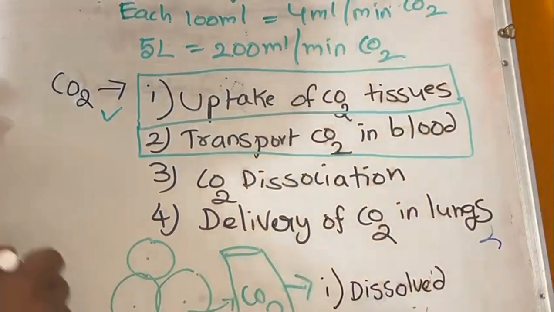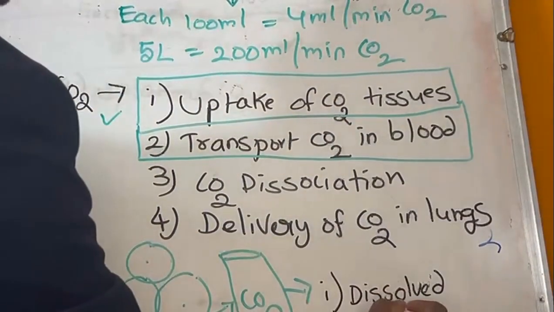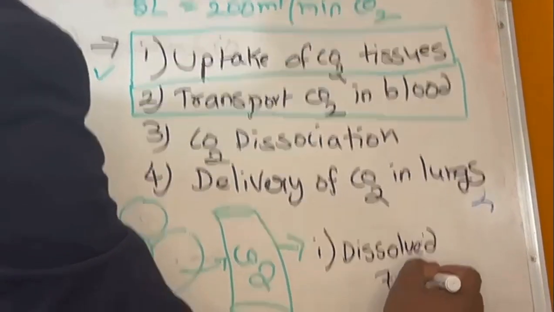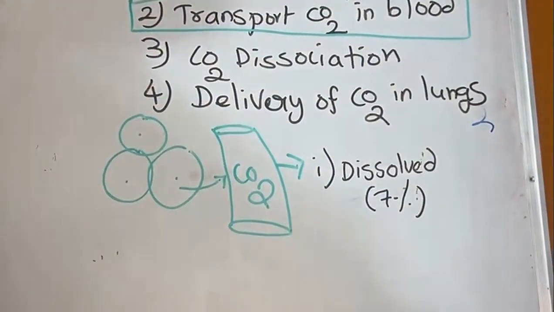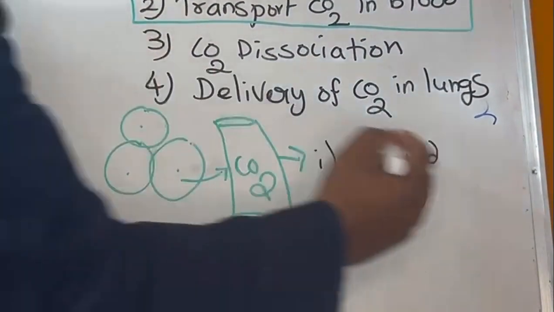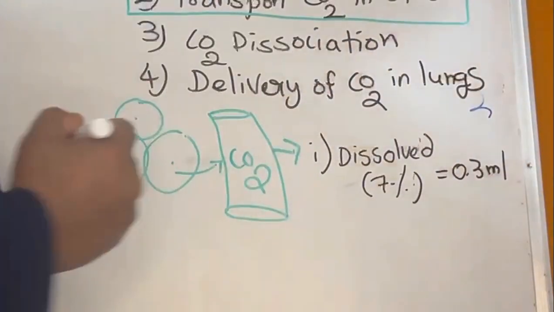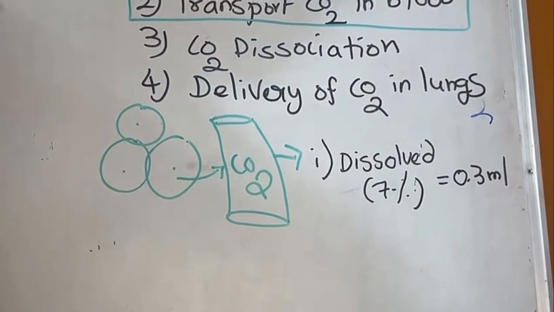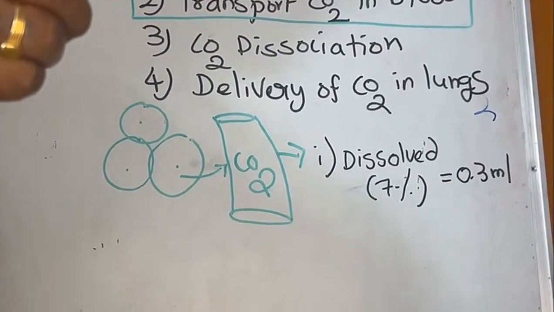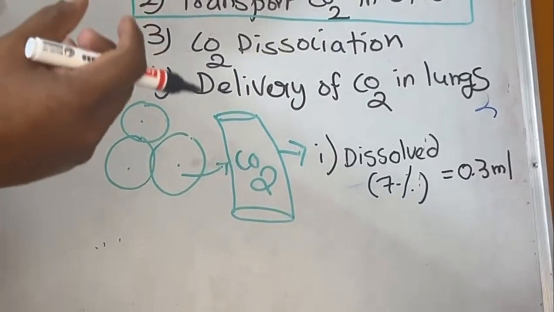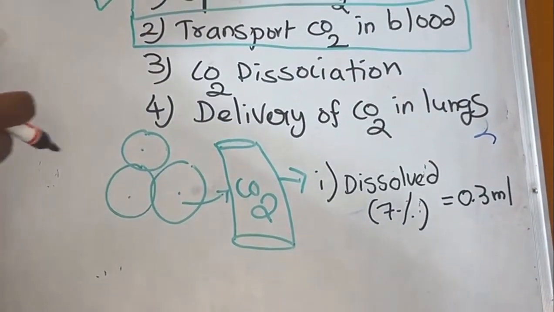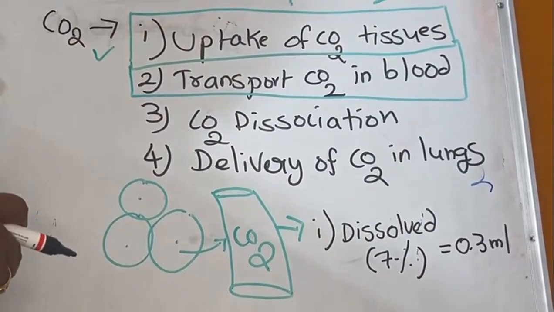How much amount is dissolved? 7% of the CO2 is dissolved in the blood. That means 0.3 ml of CO2 is dissolving in the plasma of the blood. So a negligible amount of carbon dioxide is transported in dissolved form.